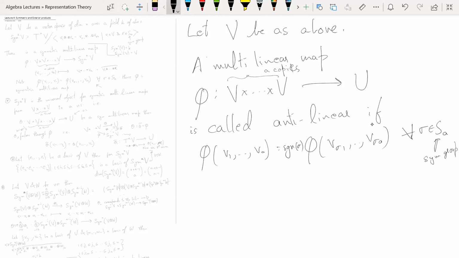I should have defined symmetric multilinear map as well, but this is not antilinear, it is antisymmetric. Symmetric means you drop this sign thing.